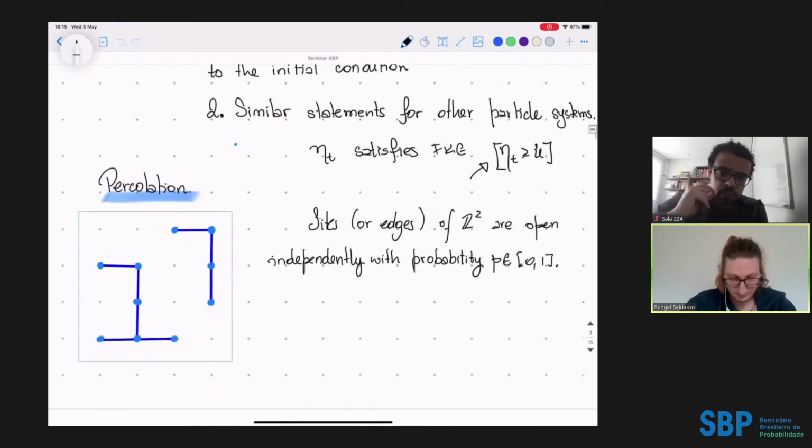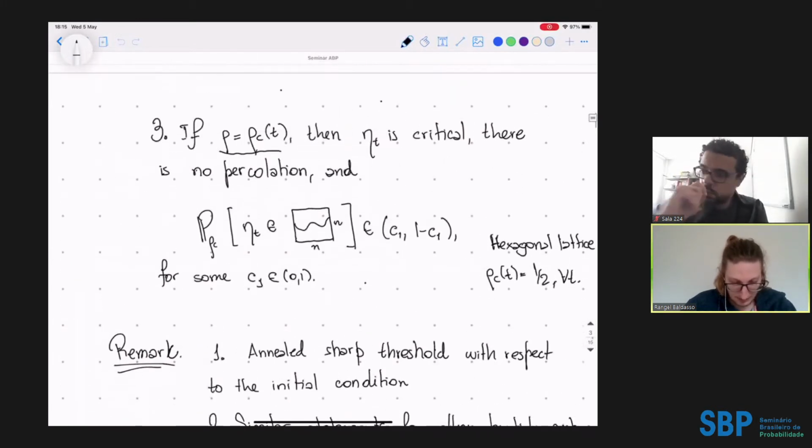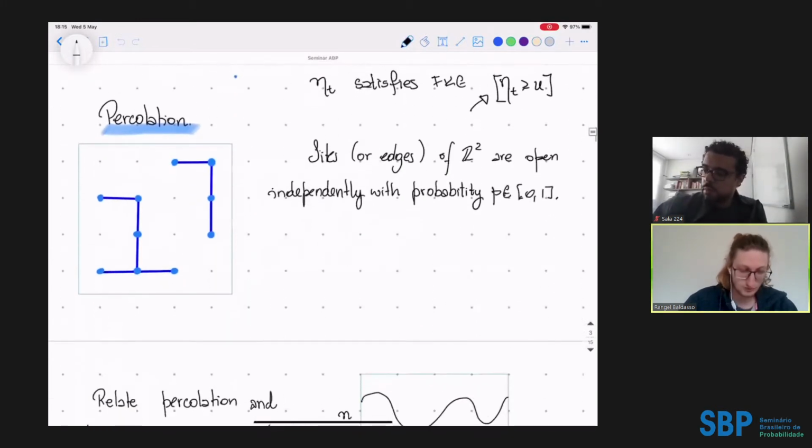Okay. So now I would like to go back to independent percolation to show you what is the usual, not usual, but the recent technique that has been used to prove theorems of this sort.